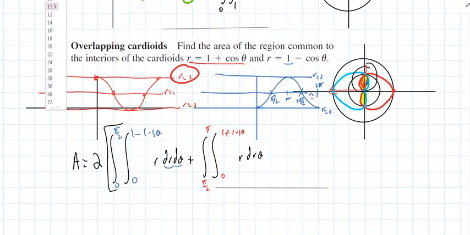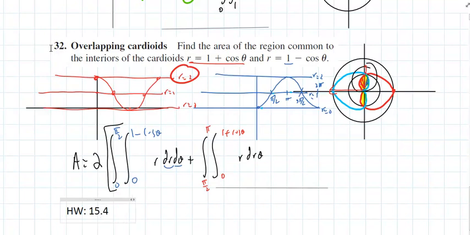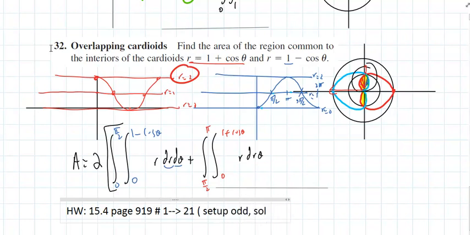The homework on this section. This is section 15.4 on page 919. You're going to do numbers 1 through 21. You're going to set up the odds, and you're going to solve every other odd.